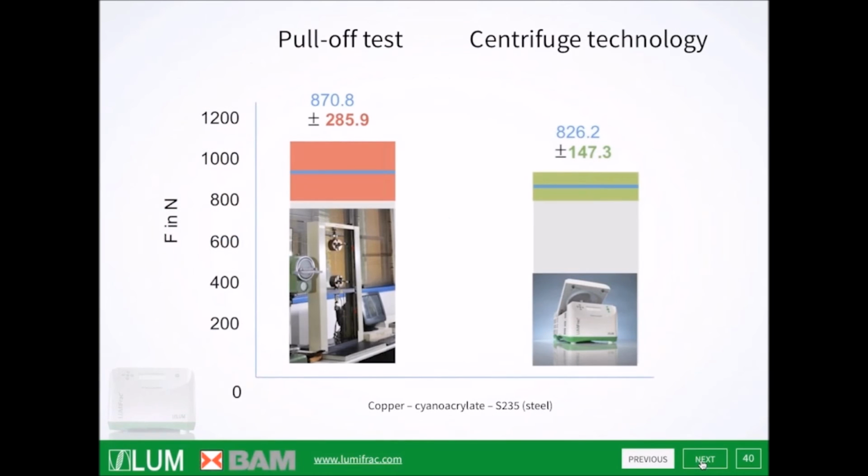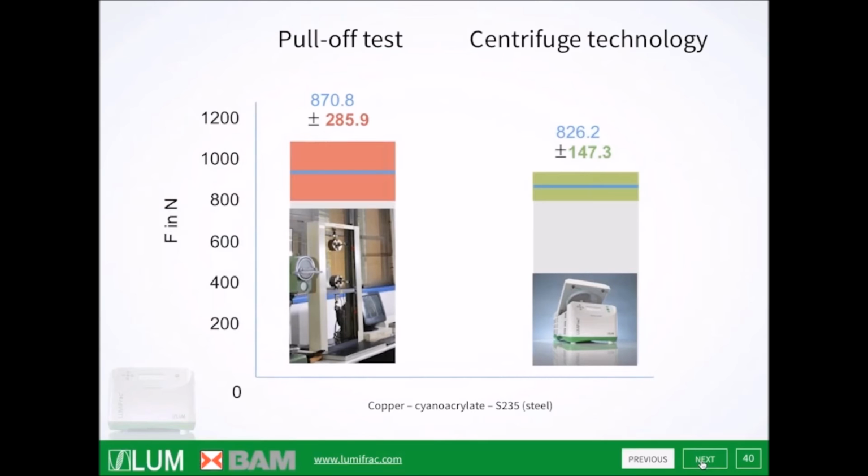So here I come once more to the direct quantitative comparison. We had already a few comparisons in the application part before, and here we have measured copper-steel joints several times with the pull-off test and with the centrifuge technology.